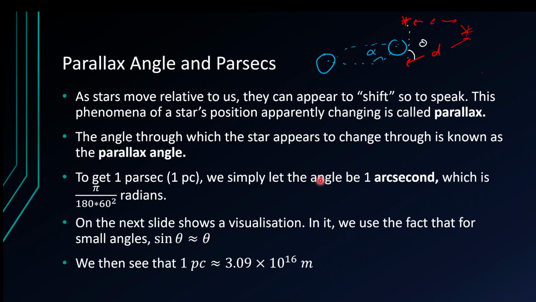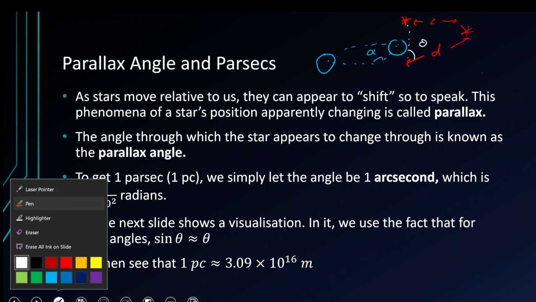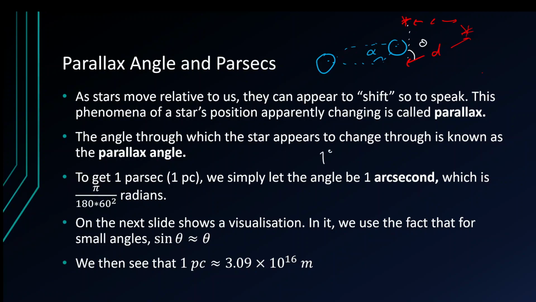Now, we've defined a parsec as sort of the distance that the star moves if the angle subtended is 1 arcsecond. Now, an arcsecond is 1/60th of a 60th of a degree. So what that means is 1 degree you can split up into 60 what are known as arc minutes, which can further be split up into 60 by 60 or 3,600 arc seconds.